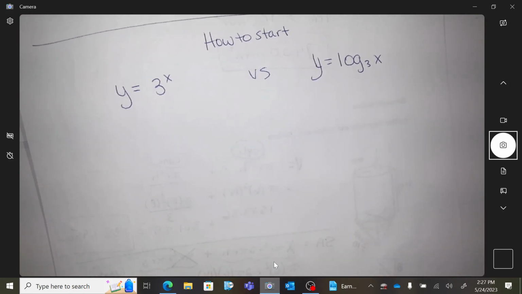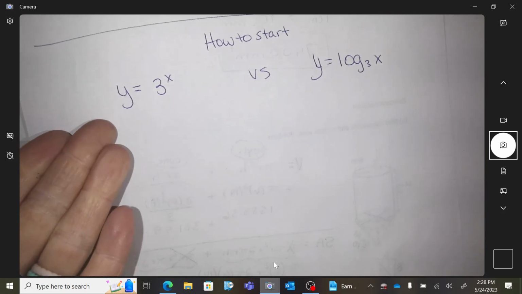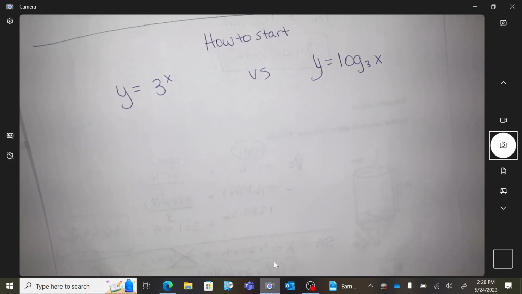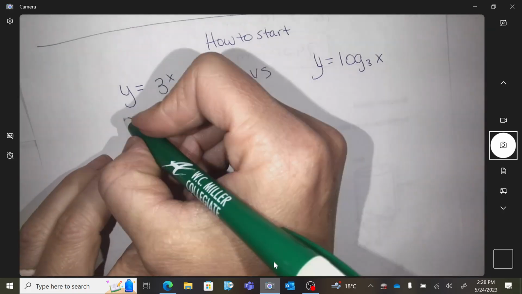Okay, we're going to do one quick example. So here's an exponential, here's a log. Okay? So they both have one thing in common. What is the one thing that they both have going on that's the exact same?